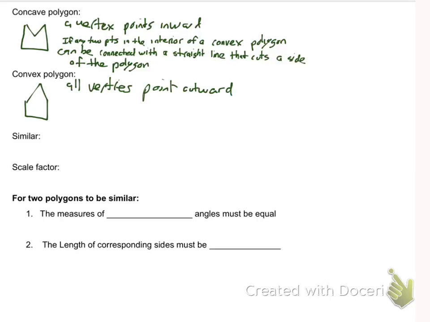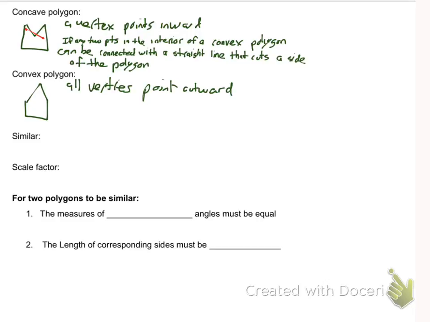Okay? So I'm going to show you this on that concave polygon. If I change my colors here, and I write a point here, way up there, and a point down here. I know it's kind of hard to see on the screen. But if I connect those 2 points, where does the line happen to go? It cuts a side, or it goes on the outside of the polygon before it comes back in, right?